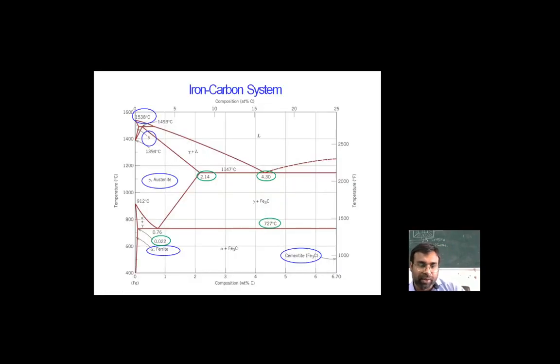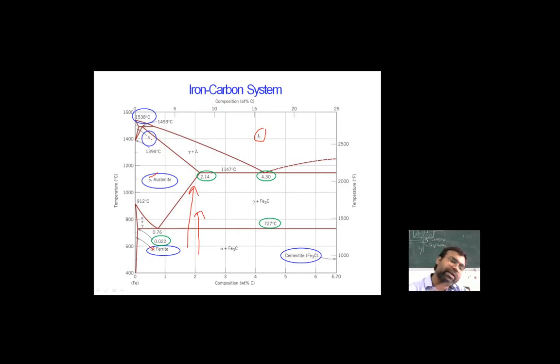Happening over here, and due to that combination, the alpha ferrite, as you can see, this is the gamma one, this is the delta one, and these transformations basically occur from this particular liquid solution. And when we are performing the heat treatment on this particular steel, it is moving forward from the solid to the crystal structure, the recrystallization temperature as well.